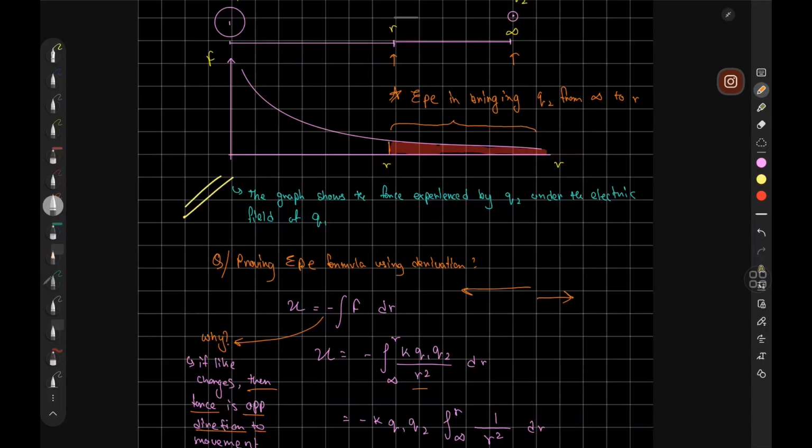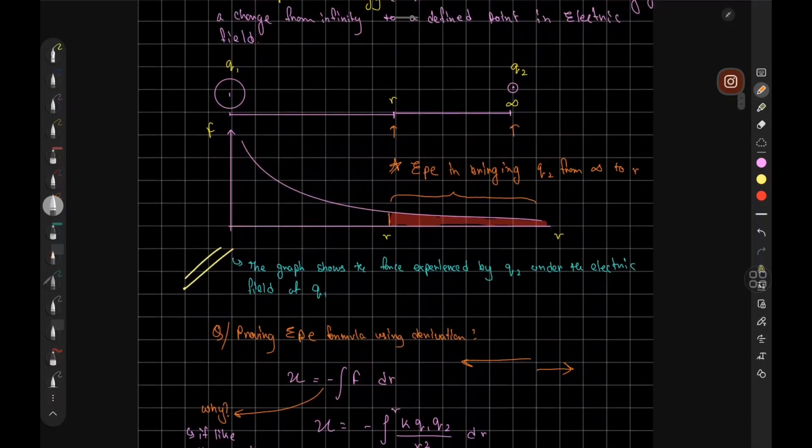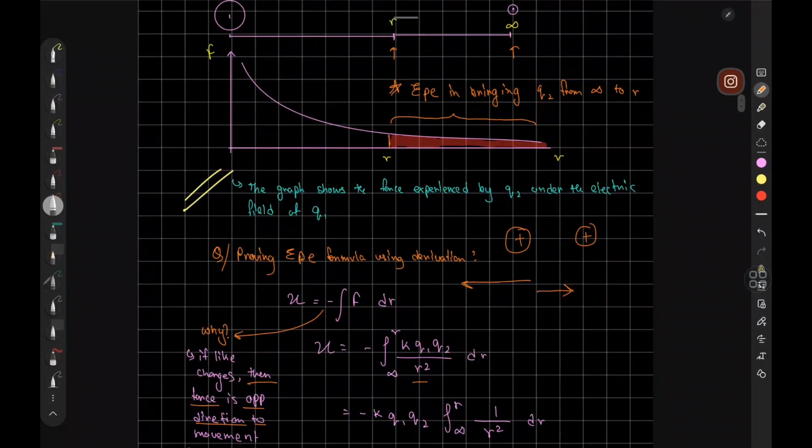What I mean by that is, if you notice in this example of a positive charge and a positive charge, if you're moving this positive charge from A to B, the force exerted on the positive charge is not in this direction. It is rather in the opposite direction because of the repulsive force.